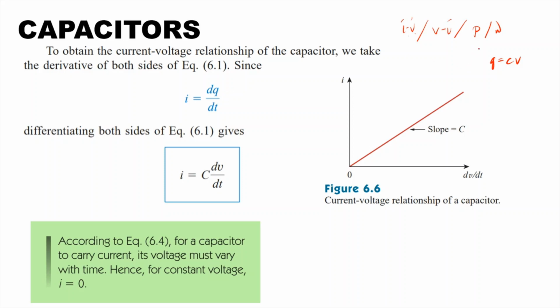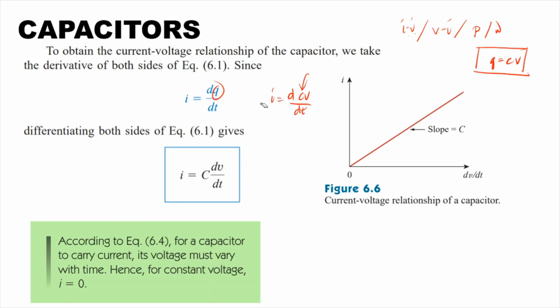So, kung papalitan natin yung ating Q ng CV, I is equal to d of CV over dt. And C, yung capacitance natin ay constant yan.